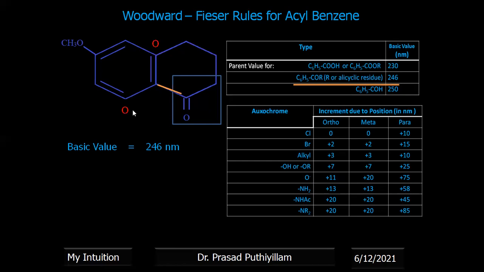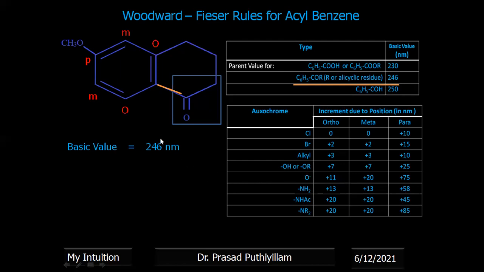So two ortho positions, two meta positions, one para position. Now let us check the substituents. What are the substituents? CH3O is clearly visible. It is OR.